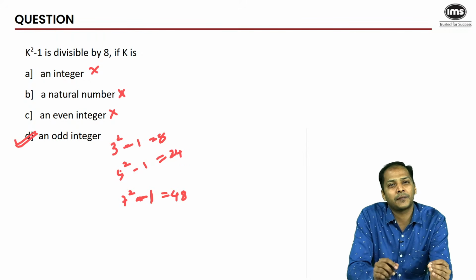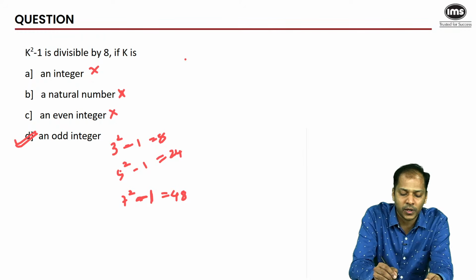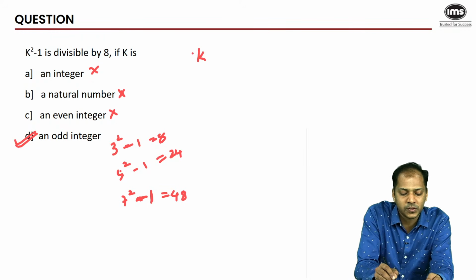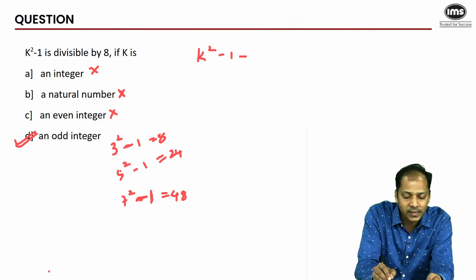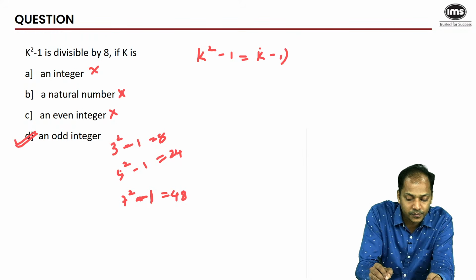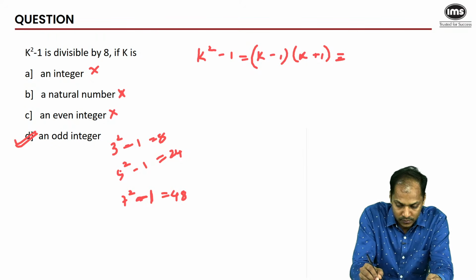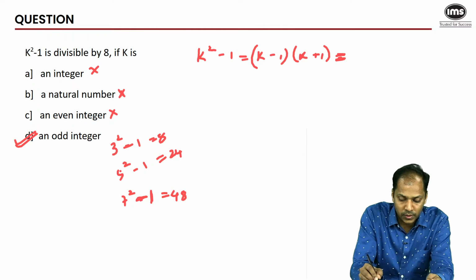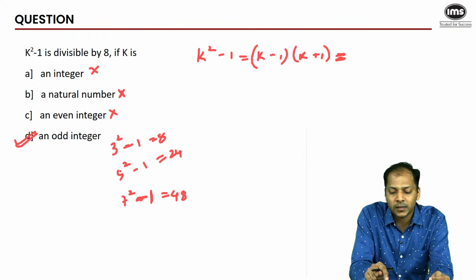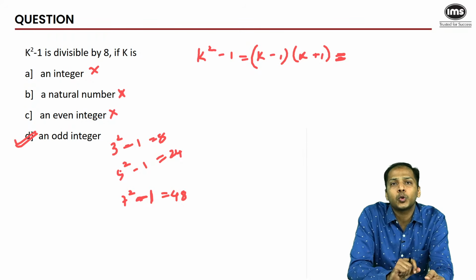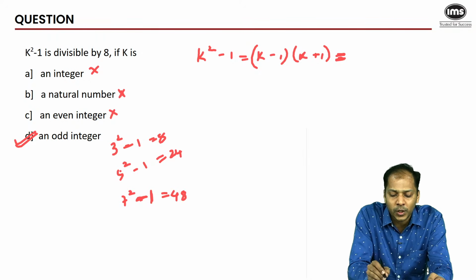If I were solving it more technically, maybe I could also have done it this way. K square minus 1 is nothing but k minus 1 into k plus 1, and this is a multiple of 8. Basically, can you see that these are two consecutive even numbers?